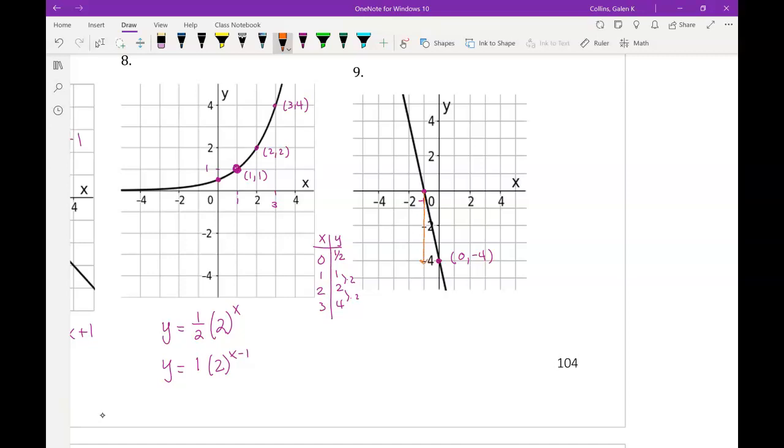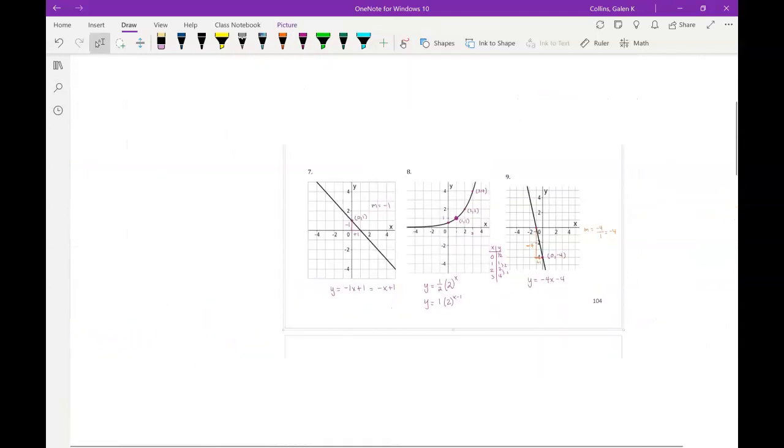Since I'm going down, my rise is negative, and then I'm running to the right a positive 1. So my slope is negative 4 divided by positive 1, which is just negative 4. So in y equals mx plus b form, that's negative 4x minus 4, where that second negative 4 is from our y-intercept.